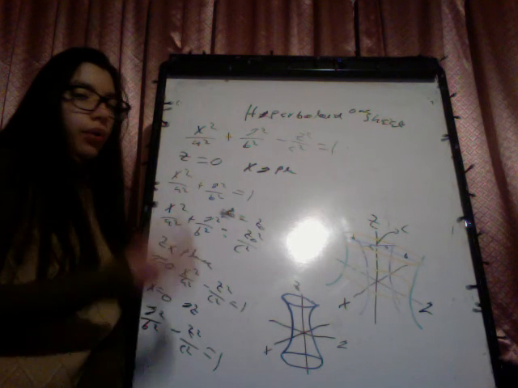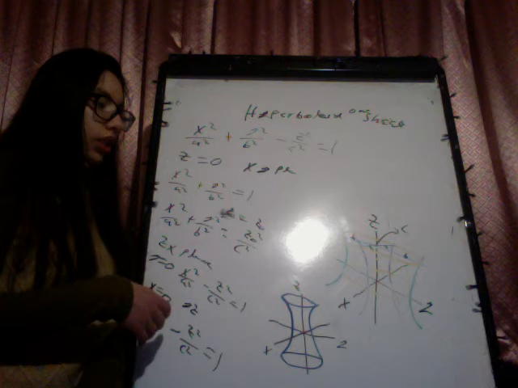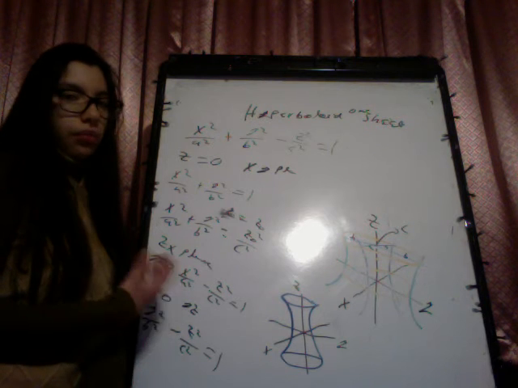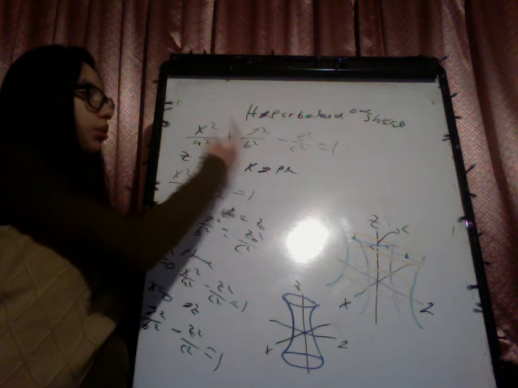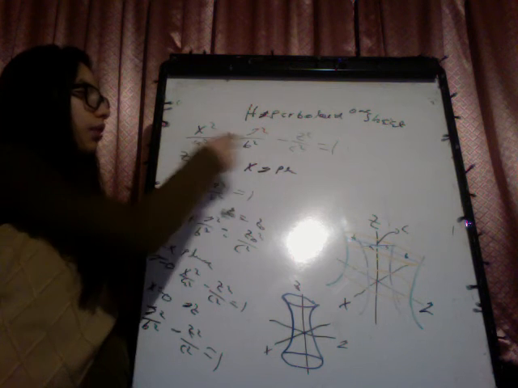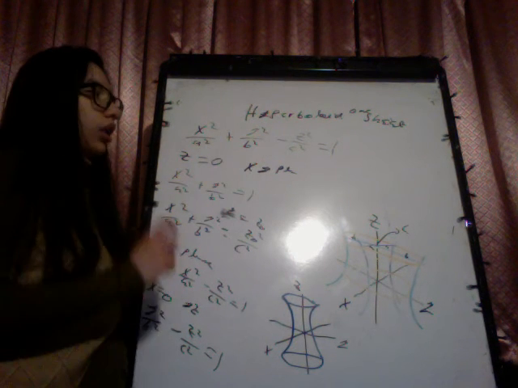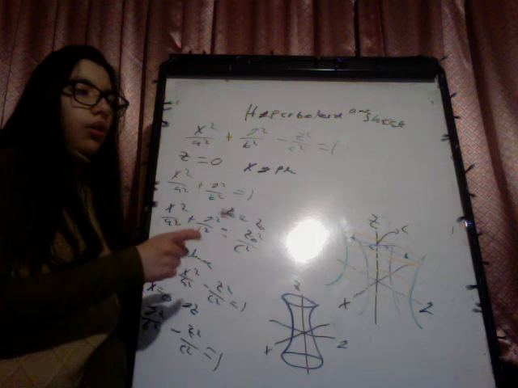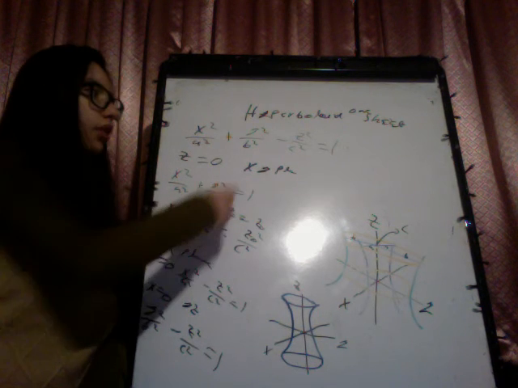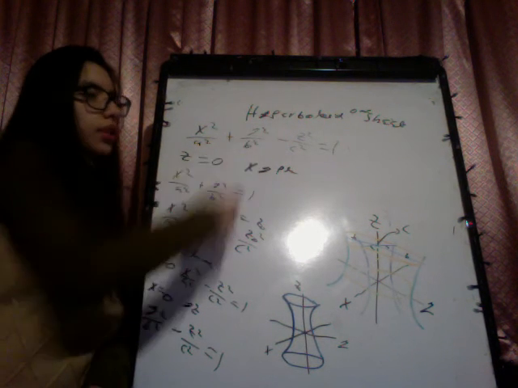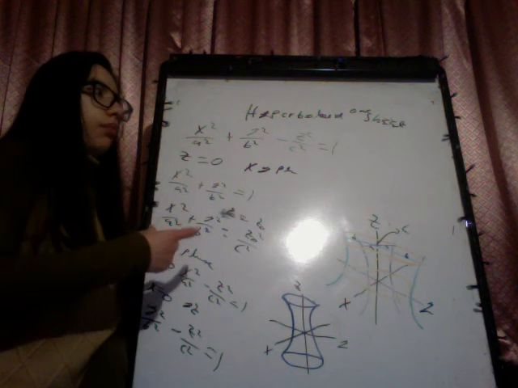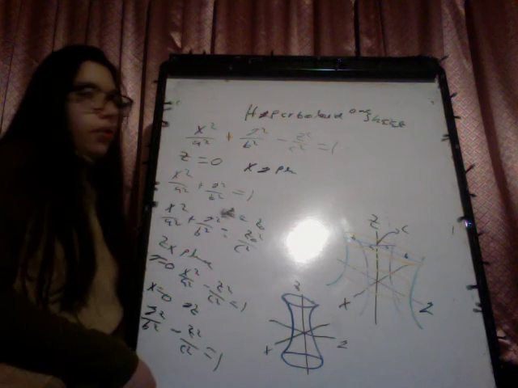The hyperboloid of two sheets we will review in the next video, but it has two minus signs. Here we just have one minus sign, so the number of terms that contain the negative sign implies the number of sheets the hyperboloid has.